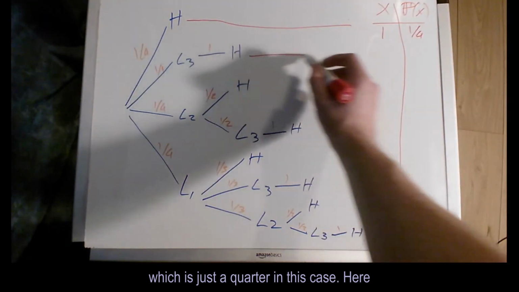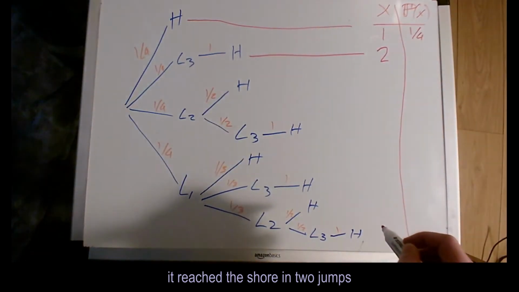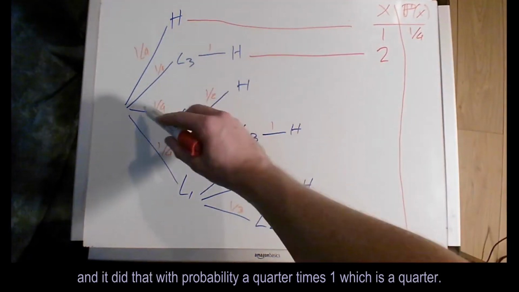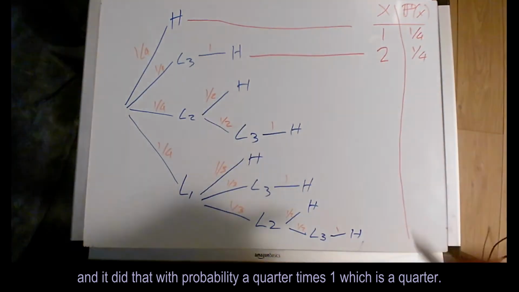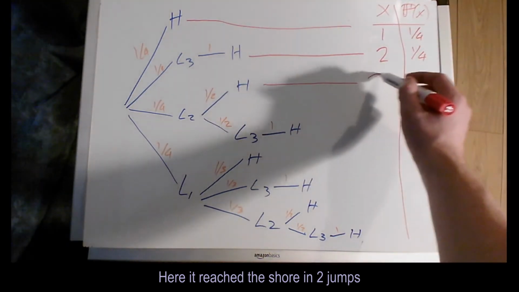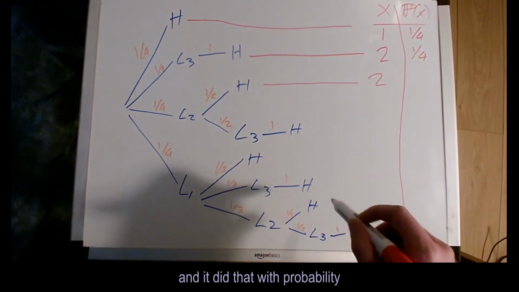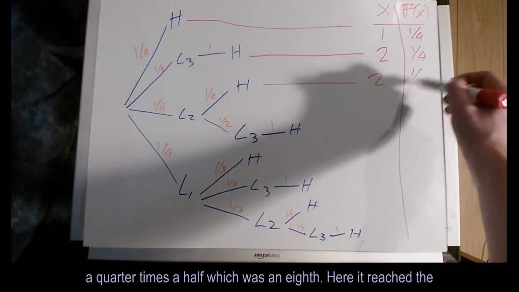Here, it reached the shore in 2 jumps, and it did that with probability a quarter times 1, which is a quarter. Here, it reached the shore in 2 jumps, and it did that with probability a quarter times a half, which was an eighth.